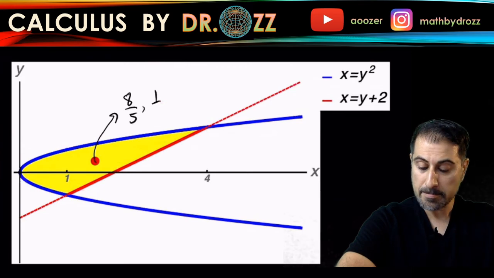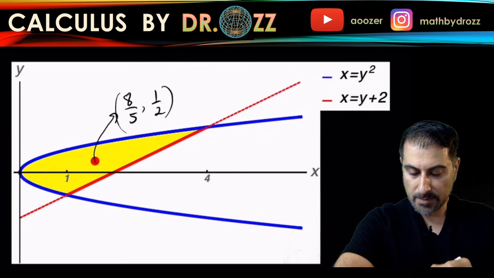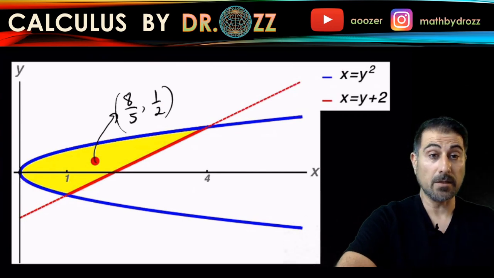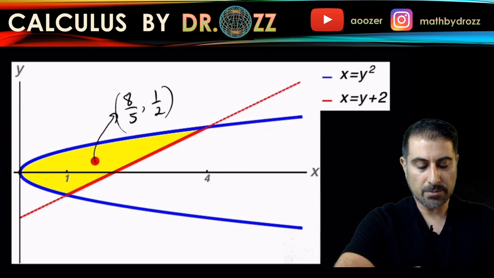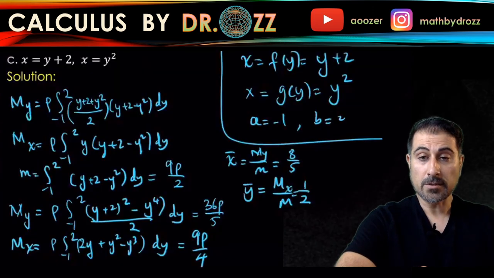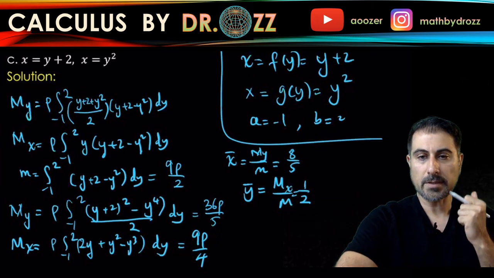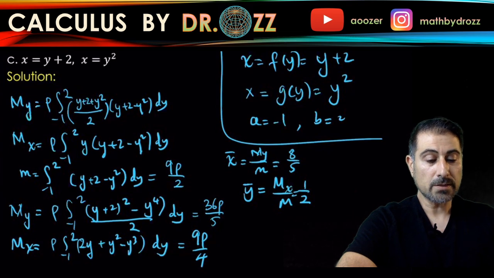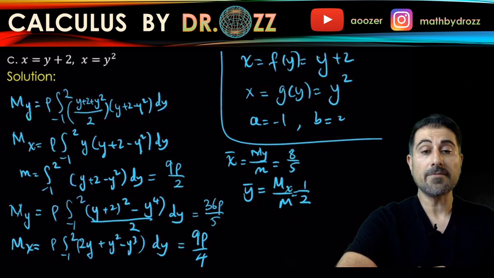All right. Again, I skipped some calculations here. I'm sorry for that, but this video is getting extremely longer. And please do these integral calculations here to find those definite integrals for little m, capital M sub y, and capital M sub x. Okay, and convince yourself that the center of mass is located at 8/5 and 1/2.